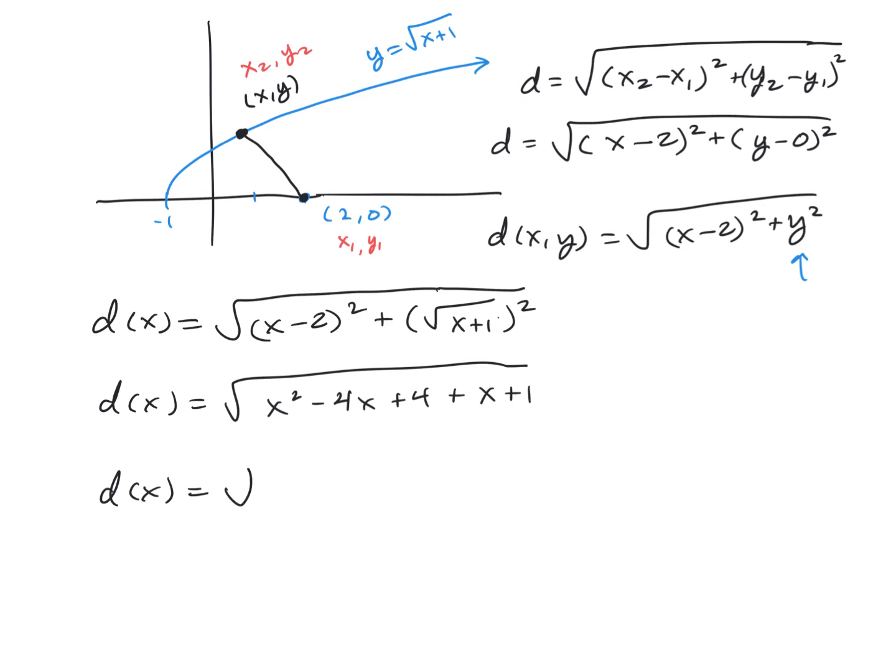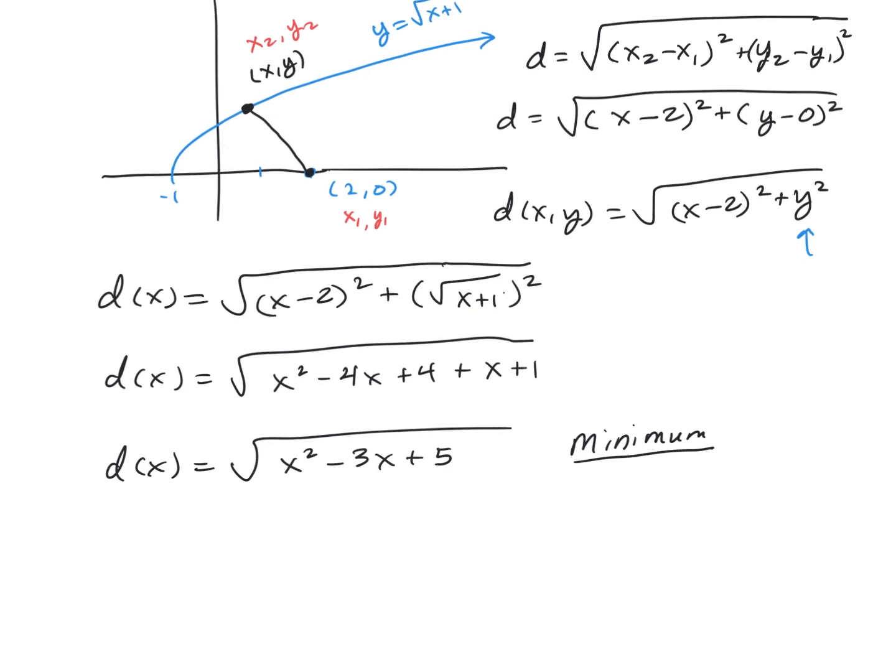So we end up with the square root of x squared minus 3x plus 5 inside of our square root. And now we're going to apply the rules of calculus to find our minimum distance. Minimum is closest because we are minimizing the distance between the points.